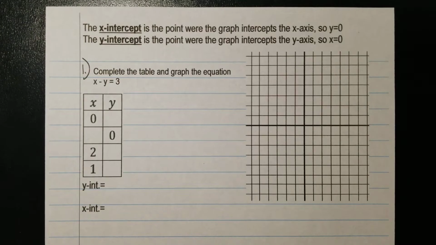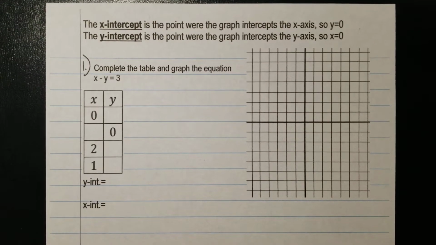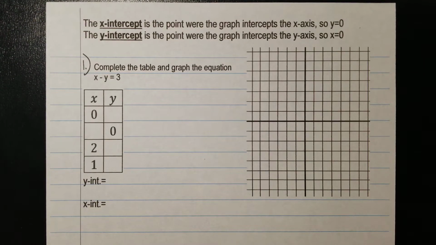So anytime you're graphing any kind of equation, an XY table is usually a really helpful thing to have. So for number 1, the equation they want us to graph is x minus y equals 3. All right, and they've given us the table. They've filled in some of the values, and we need to fill in the rest.